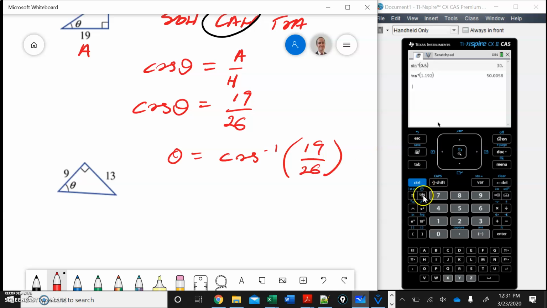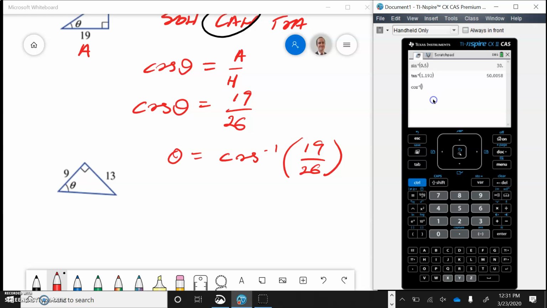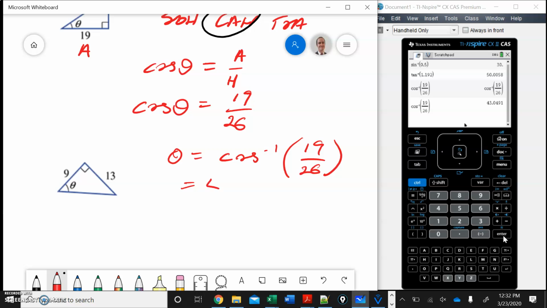Then in the CAS we find cos -1 of 19 divided by 26 and press enter. It comes up with the exact value, so we press Control Enter to get a decimal. That's 43.05 degrees, to 2 decimal places.